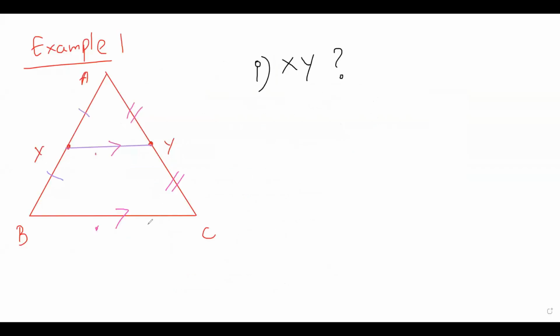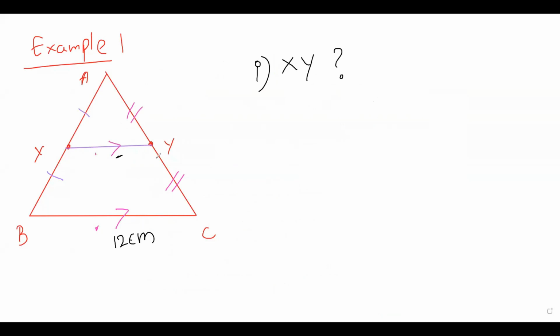How do we find it? Each line length should be 12 centimeters, because equilateral means each side is equal. So this one is 12 centimeters.